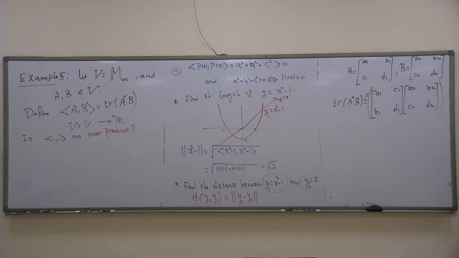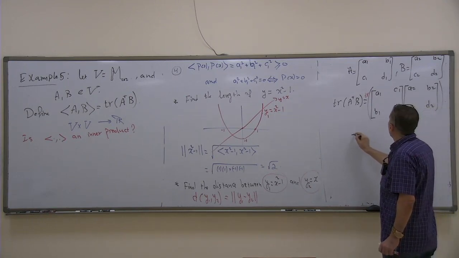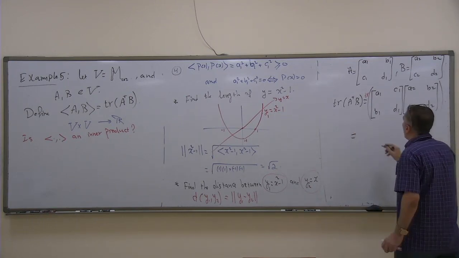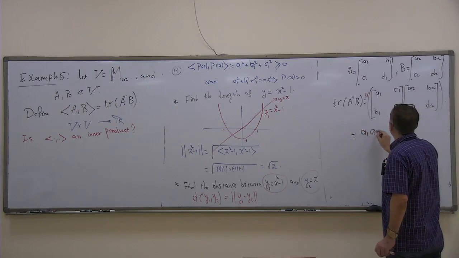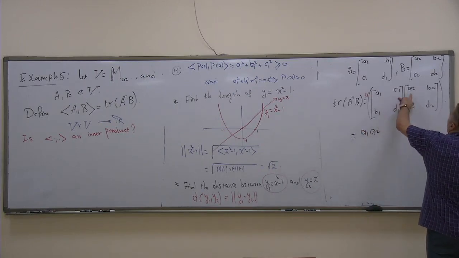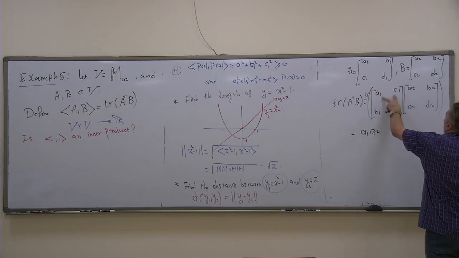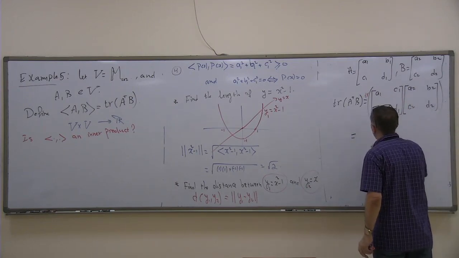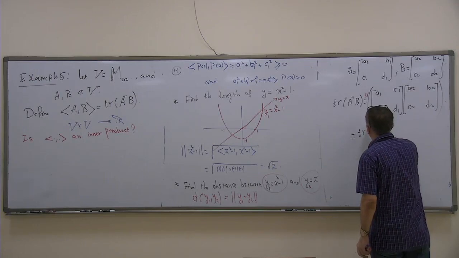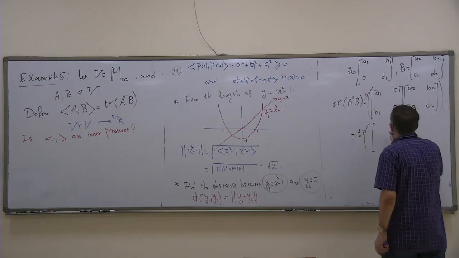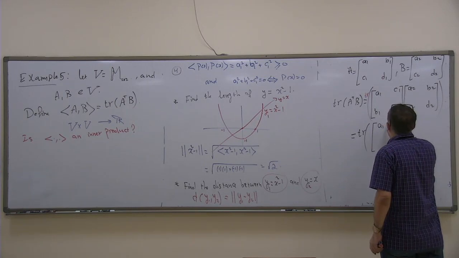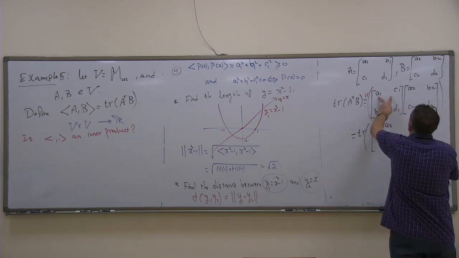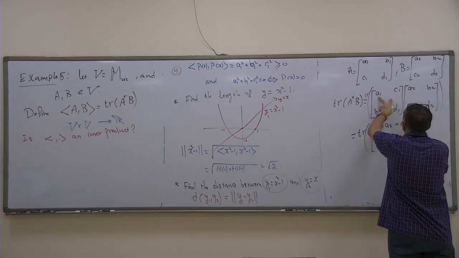Now, when you multiply, what do you get? You get the trace will be A1, A2, this by this. Well, let me write it here. That is a trace of A1, A2 plus C1, C2.